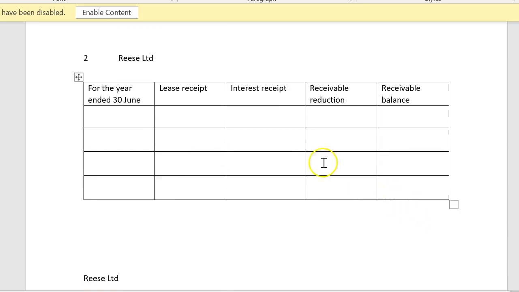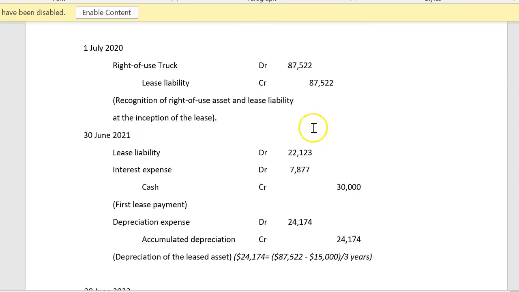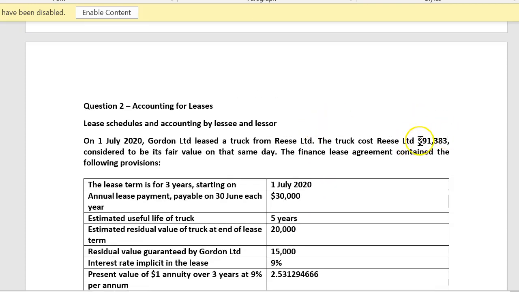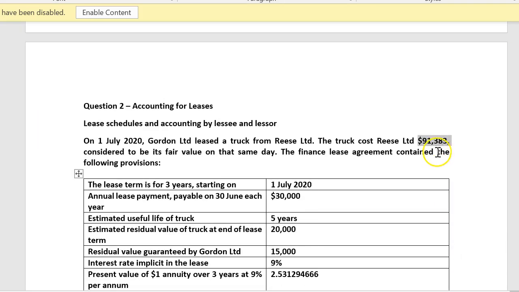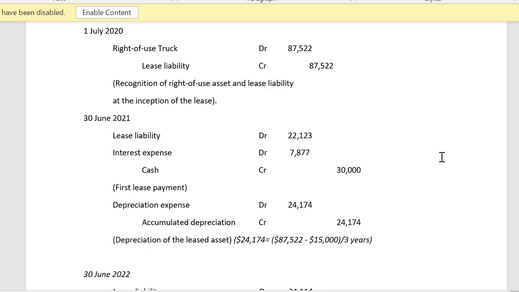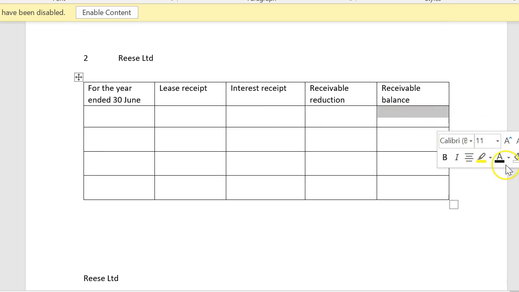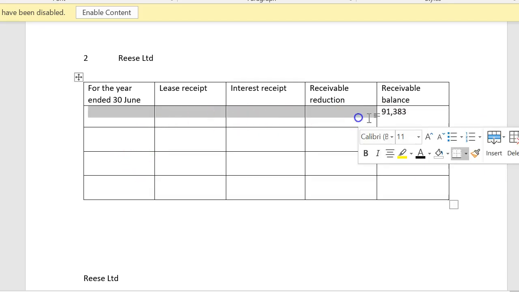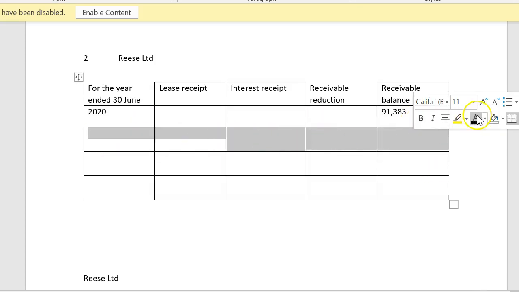All right, guys, let's move on to the lessor, which is Reese Limited. Now, guys, Reese Limited uses the fair value as the receivable balance outstanding at the inception of the lease, 91,383. Okay, that's at the inception of the lease. For the year ended 30th of June 2021, let's see.